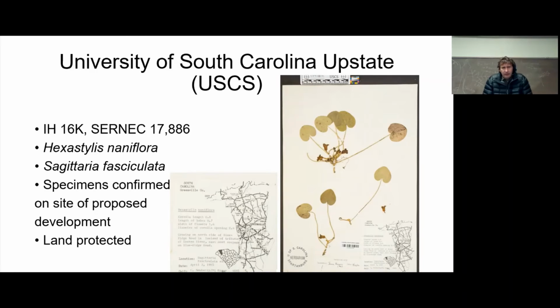And the landowner didn't even live in the state and had absolutely no idea what was going on. And when they were made aware of this, they worked out a deal with Heritage Trust Program to set that aside as an annex to the adjacent heritage preserve.